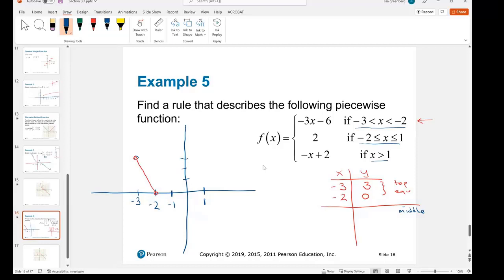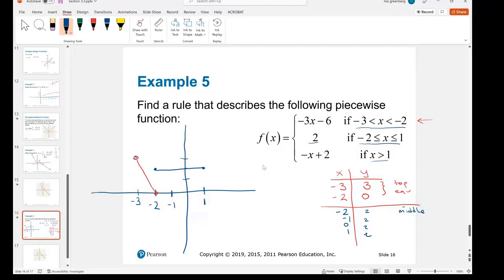So at -2, at -1, at 0, and at 1, all my values are 2 because I just used 2 for y. And again, because it's less than or equal sign, I include those points, and this is just a constant function, just a straight horizontal line, okay?